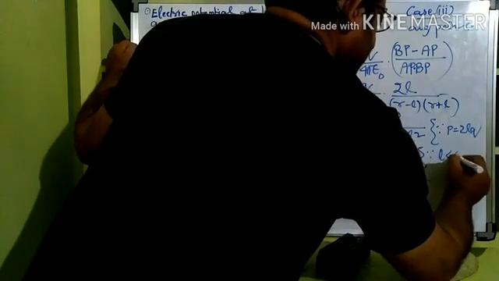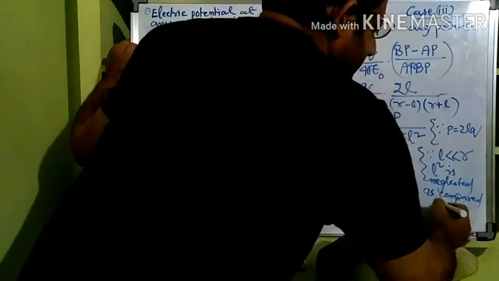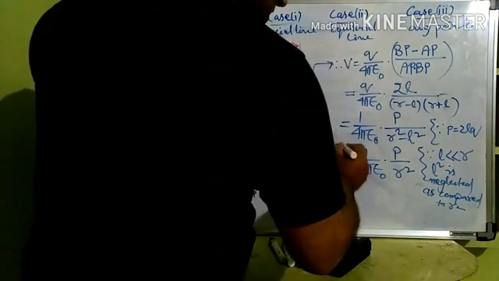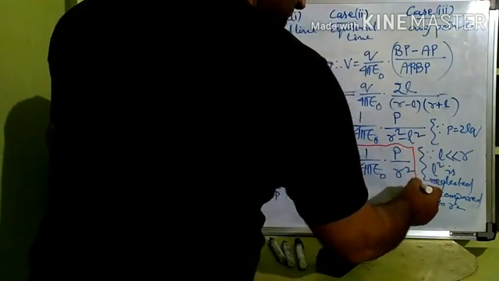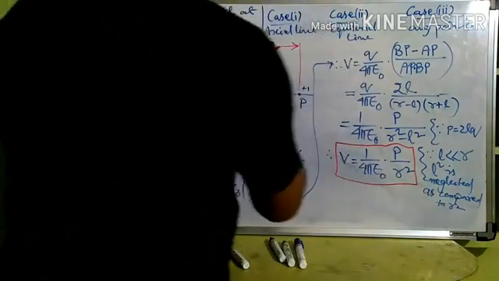Therefore, V is equal to 1 by 4 pi epsilon naught P by R square. Since L is very small compared to R, L square is neglected as compared to R square. So what we got is V is equal to 1 by 4 pi epsilon naught P by R square. Clear?